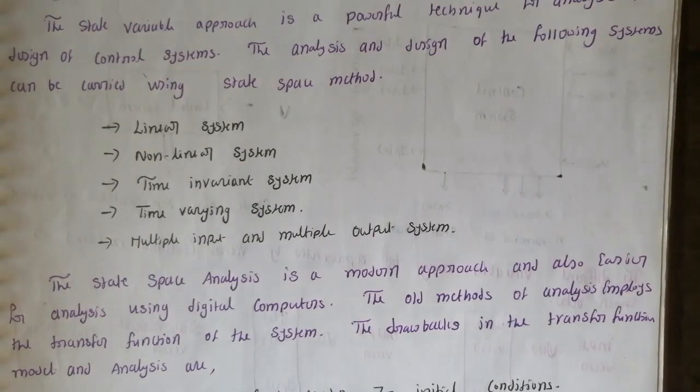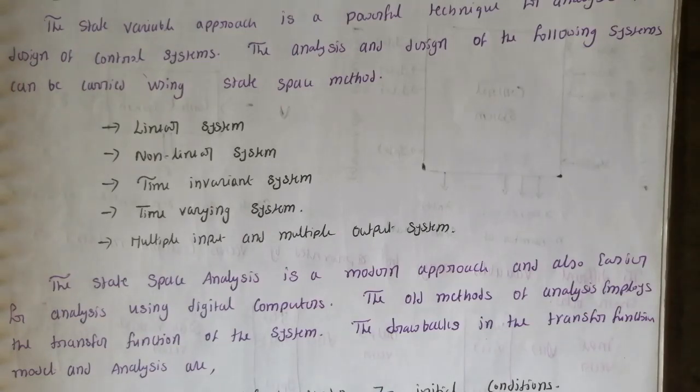In the present scenario, every industry operates using digital computers, so there is less human intervention in the control systems, and every function is carried out by the digital computer. If you want to give data to the computer, this method is very useful and easier. The old methods of analysis employ the transfer function of the system.